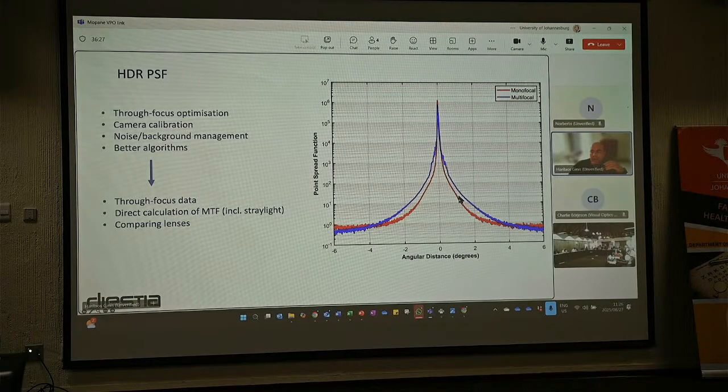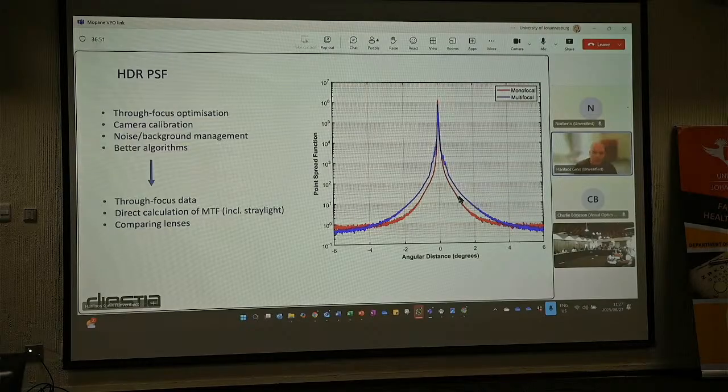appropriate camera calibration methods, with proper understanding of the noise of the images that we can obtain through focus data, the point spread function can be measured over 6 or maybe a bit more orders of magnitude. We can measure this in a through focus configuration.